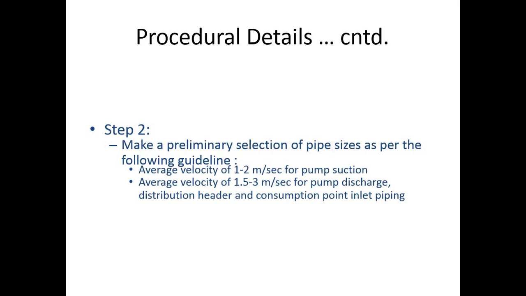The second step would be to make a preliminary selection of pipe sizes as per the following guideline. Average velocity of 1 to 2 meters per second for pump suction, and average velocity of 1.5 to 3 meters per second for pump discharge, distribution header, and consumption point inlet piping.